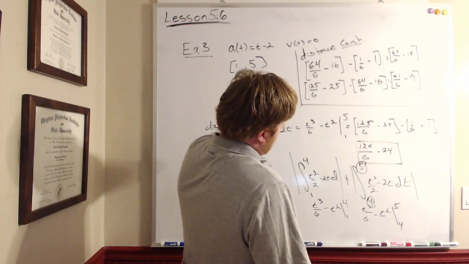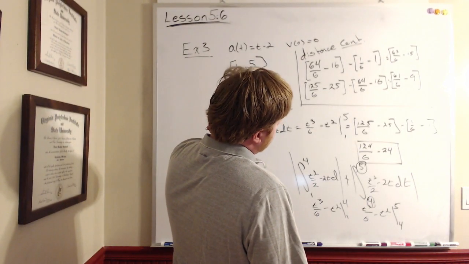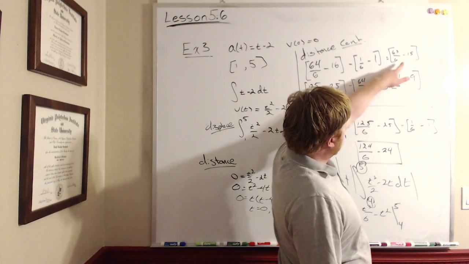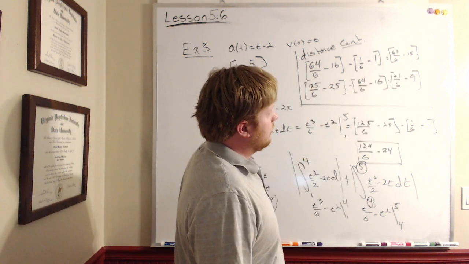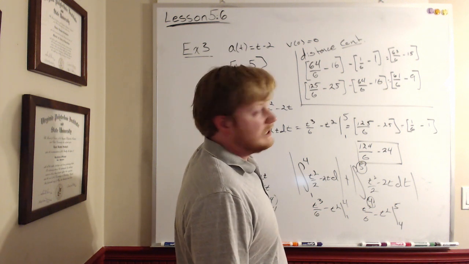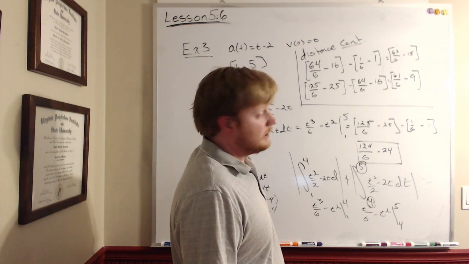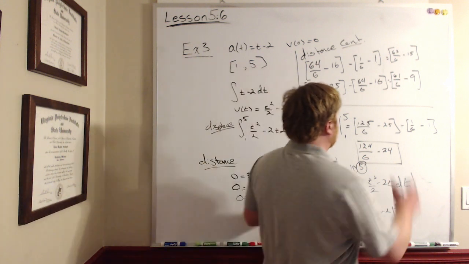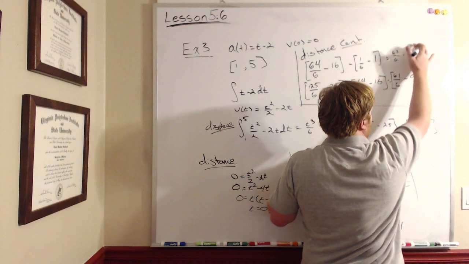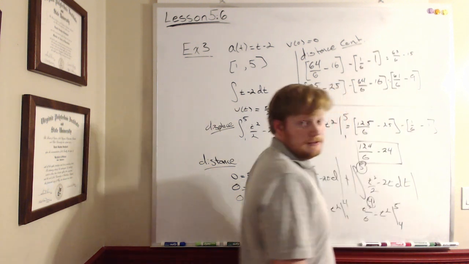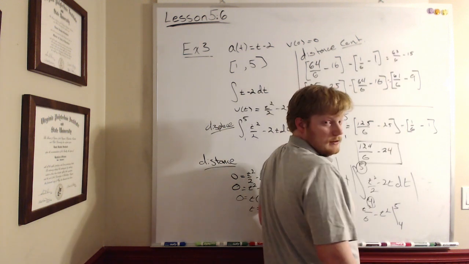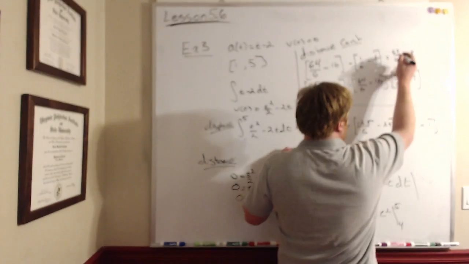All right, now let's see. This one's going to be the one that's negative, because 63 over 6 is less than 15. So, what I'm going to do to not have to worry about simplifying this is, I know that's going to be the negative one. Okay?